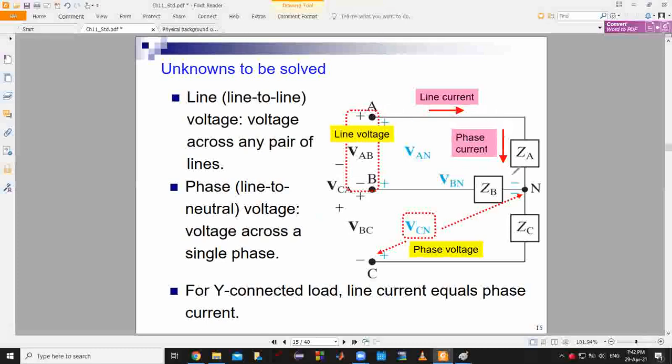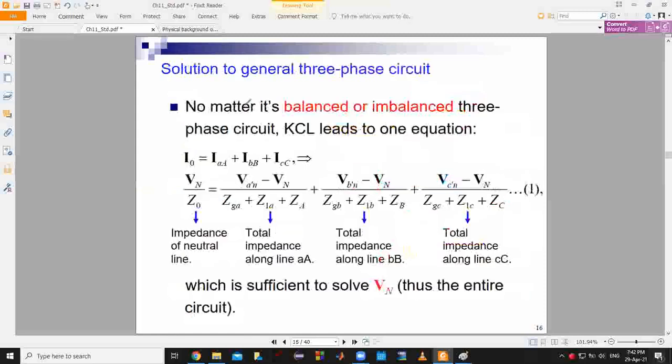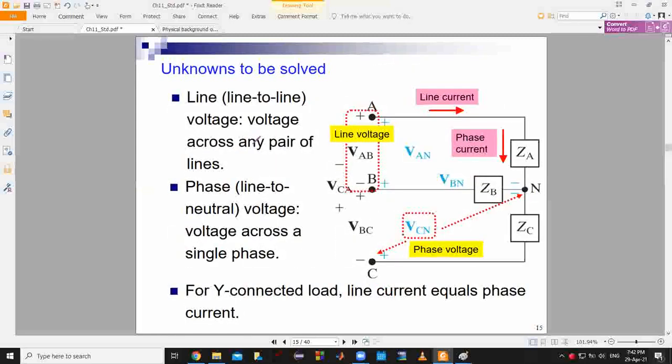The current that flows in a line is called a line current. And for a Y load, the line current is the same as the phase current because the same current flows in there. And of course, the voltage between the neutral wire and a line is called the phase voltage. So we have to solve the phase parameters and the line parameters.